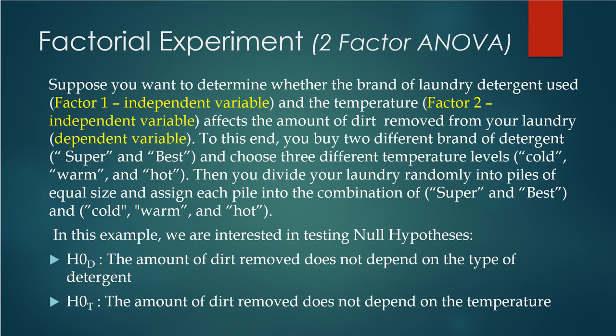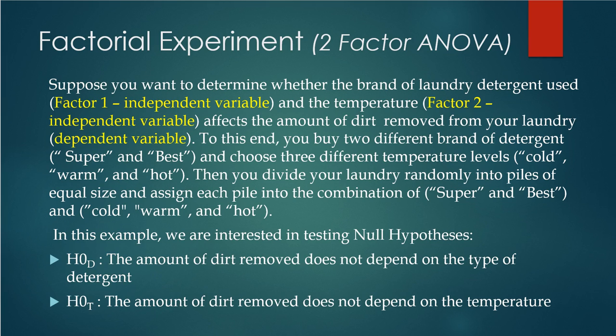If you think about it, our dependent variable should be affected by whether we're using Tide or Gain or some other laundry detergent, and the temperature at which we wash our clothes. So we want to understand that those two factors, those two independent variables, will influence the outcome of our clothes, how clean they get.